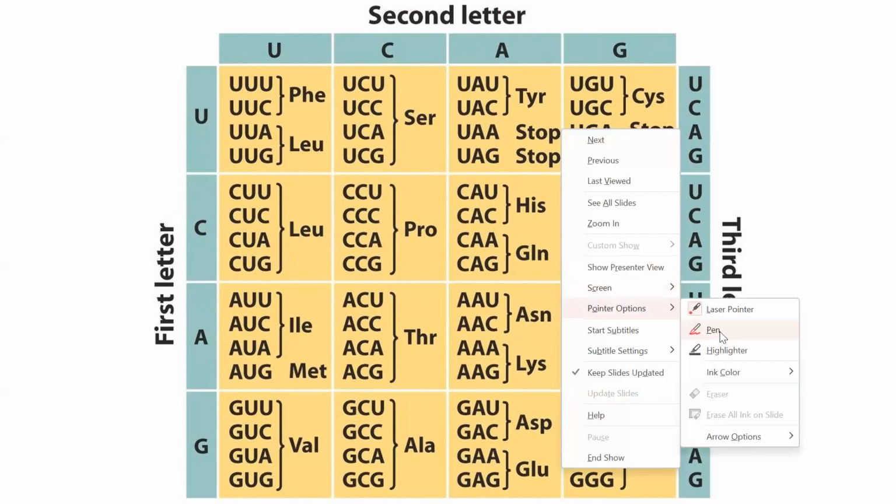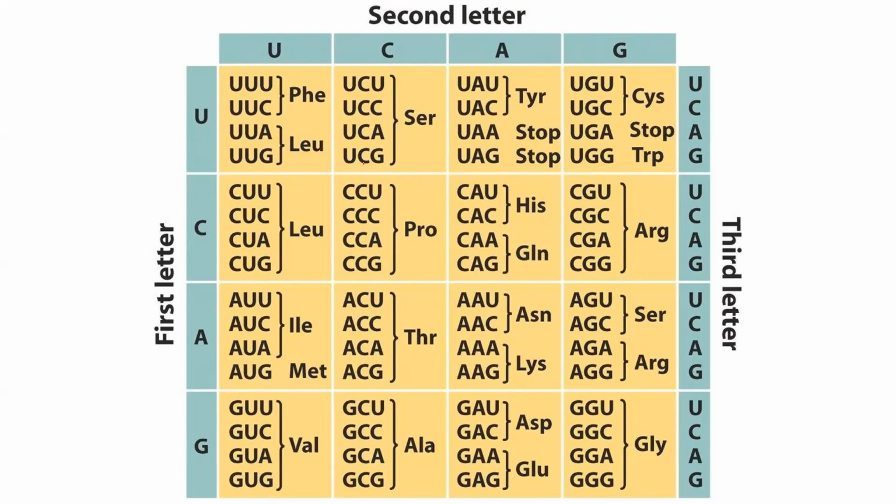Okay, and then the second thing you need to understand is how you will read this sequence. If I tell you I have an AUG, how will you use this table to find the right amino acid? What you do is you read the first letter and you find it from here. I have an A. You read the second letter, you find it from up here.